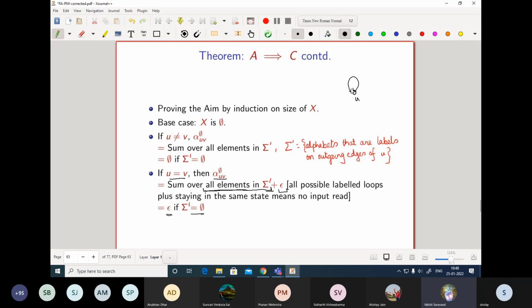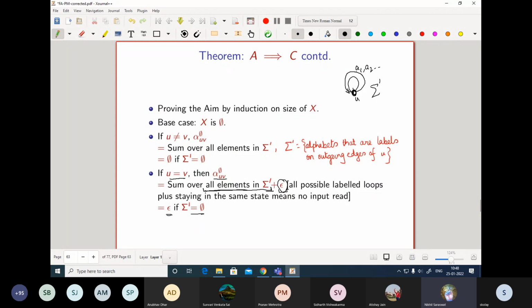You have some outgoing edges which are possibly coming back to U itself. All the labeled loops, let's call those. You have certain labeled loops and you have some alphabets A1, A2 and so on. So all these alphabets are in sigma dash now. So all these alphabets and plus epsilon, meaning that I have just stayed in U itself.